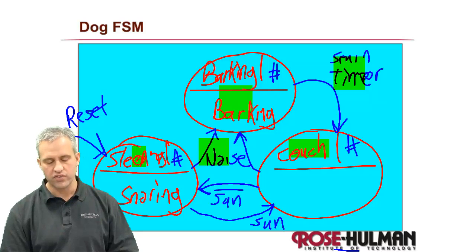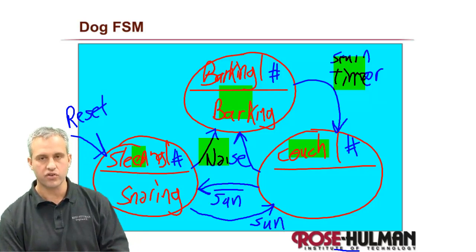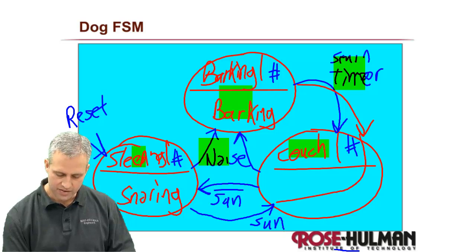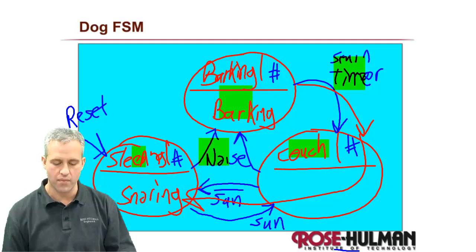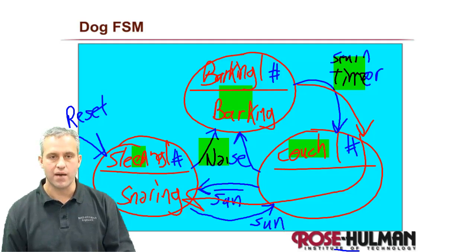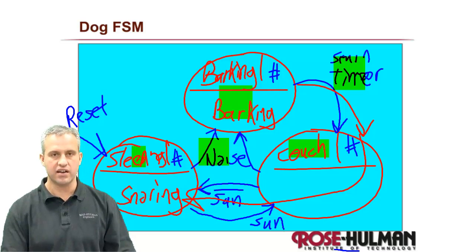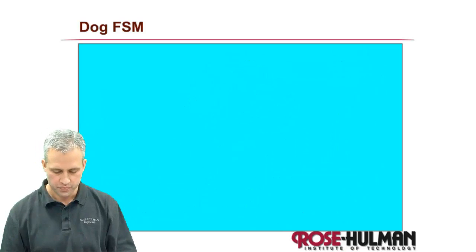Interestingly enough, in that one situation where the sun was down and he started barking, he actually did go to the couch, but it was instantaneous, like he went to the couch, and then instantaneously there was no sun, and so he just shot through that state and went to somebody else. That's fine, that happens. It was so fast, it didn't even get picked up on the timing chart, right? Because it just went right through.